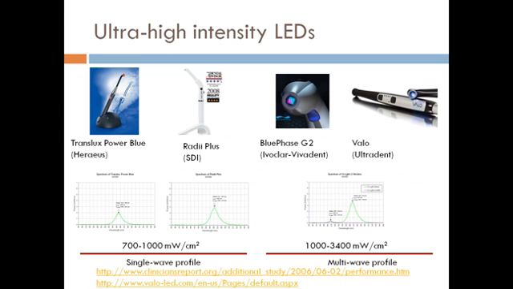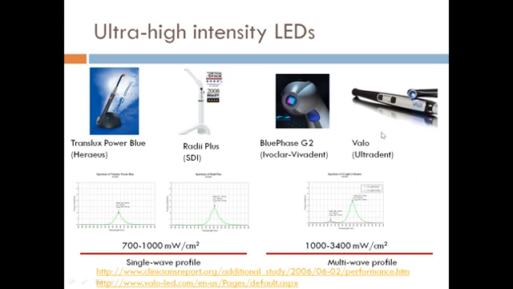And this is just a pictorial example of the types of ultra high intensity LEDs and their absorption spectra. For example, this Radii Plus from SDI, which is an Australian company, versus the Heraeus Translux, you see that they get from 700 to 1,000 milliwatts per centimeter squared, so they're pretty powerful, but they're a single-wave profile.